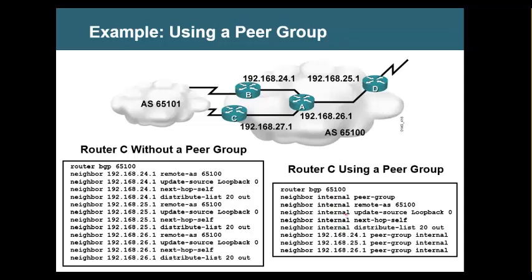Same thing you're configuring, but the difference is on the right hand side, you have a template with those 4 common things. You want to configure all the neighbors with the remote AS 65100, you see.